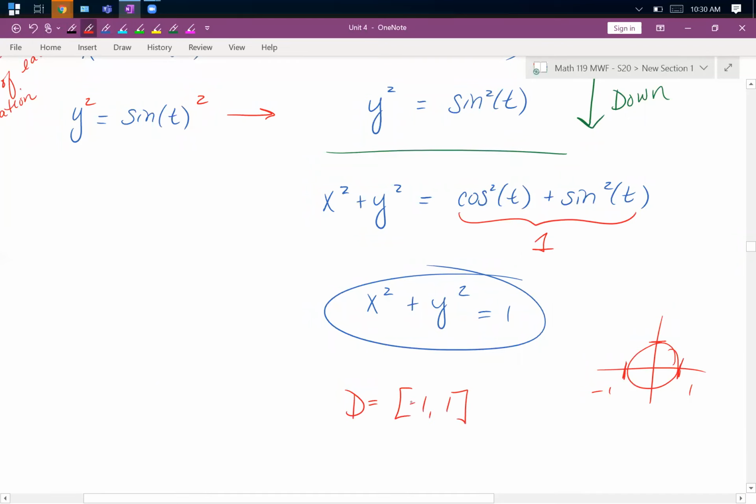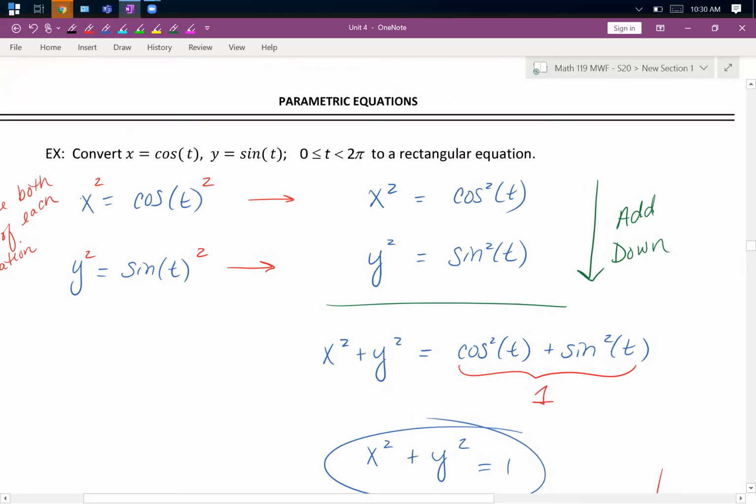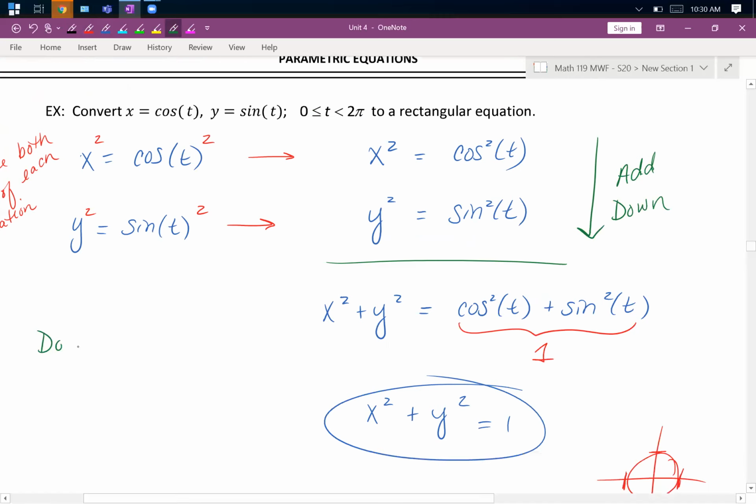We could have done it a slightly different way. Because they gave us t, our definition of t is a sandwich inequality. We could have done it the way that we found the domain for the first one. Could have solved the x equation for t, and if I did that, I would get that t equals cosine inverse of x.